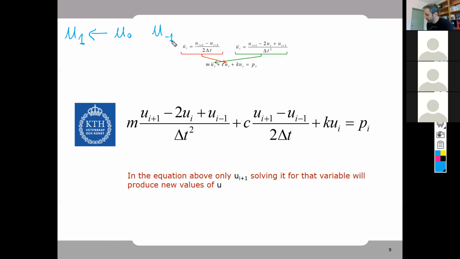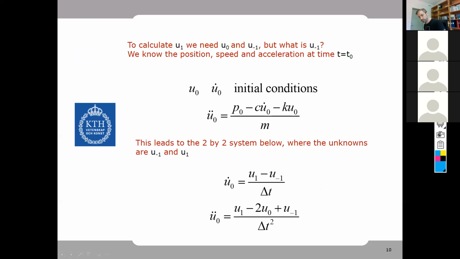There's nothing happening before that. And for that, we use a fictitious value of U minus 1, meaning something we invent, okay?